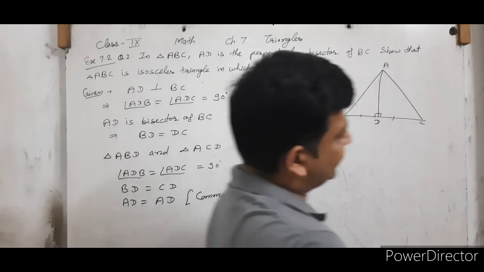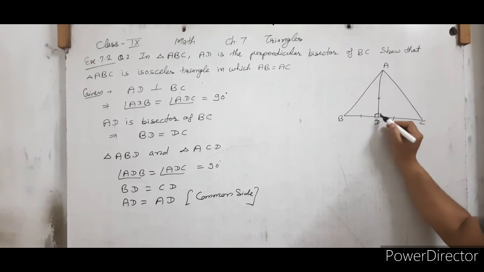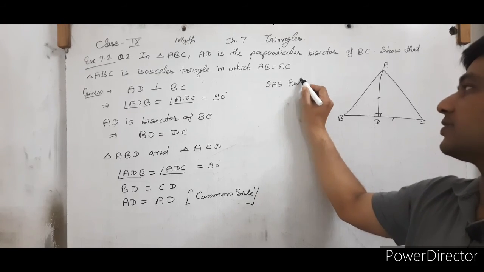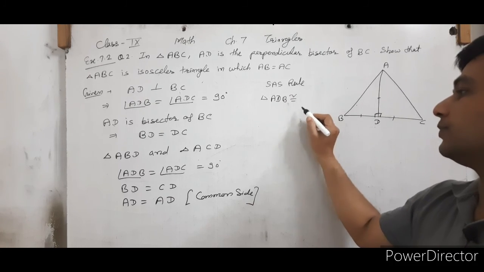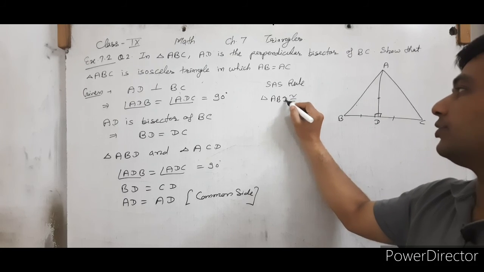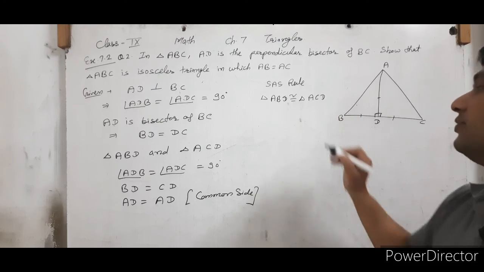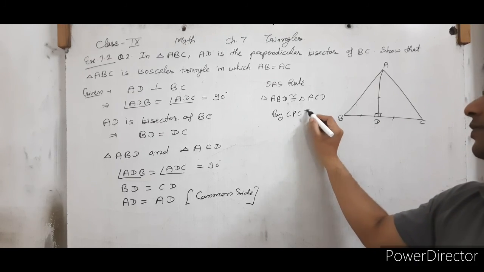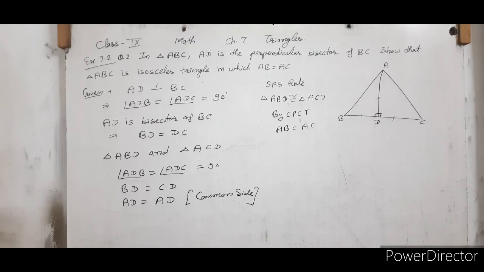So by the SAS rule, we can say that triangle ABD is congruent to triangle ACD, and if these two triangles are congruent, by CPCT we can write AB is equal to AC. That is the proof of our question number 2.